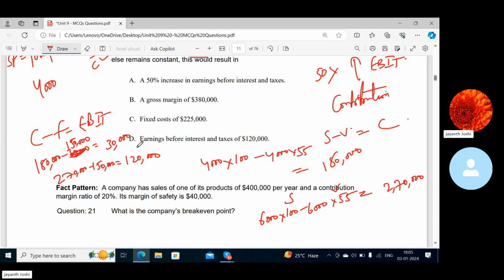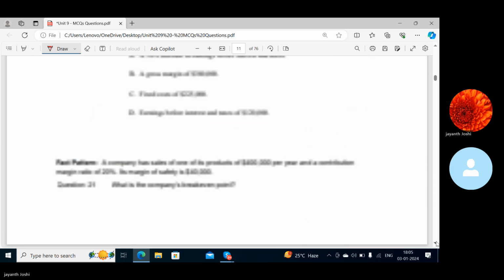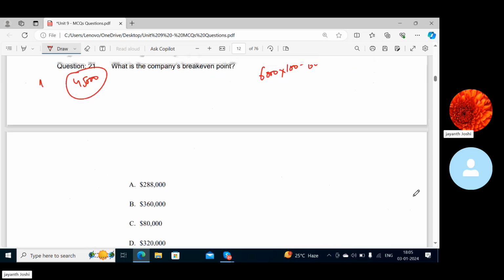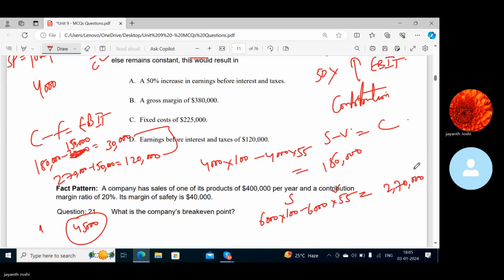No, it is 4 times of this, right? A 50% increase means it should be only 45,000. Correct or wrong? 30,000, 50% is 15,000. If I add 15,000 to 30,000, it should be 45,000, but it is four times the increase. So this is absolutely the wrong option.